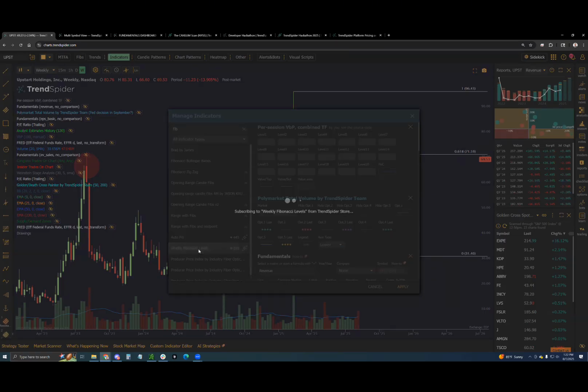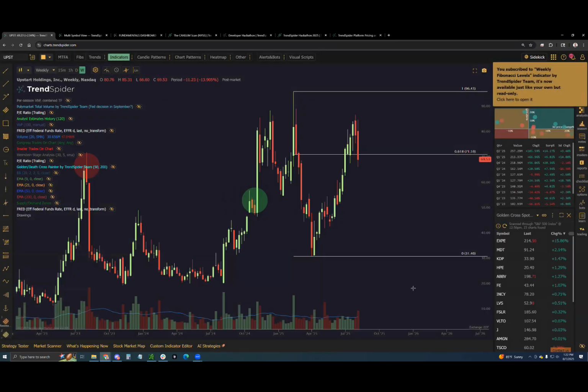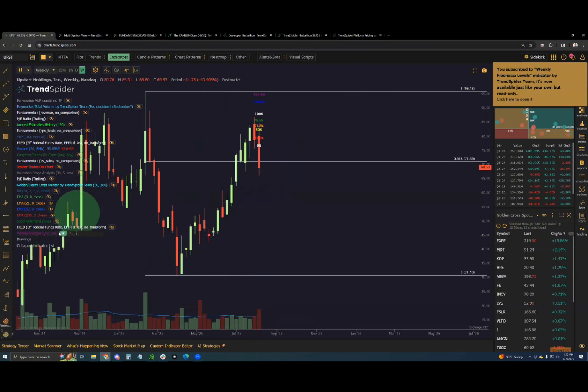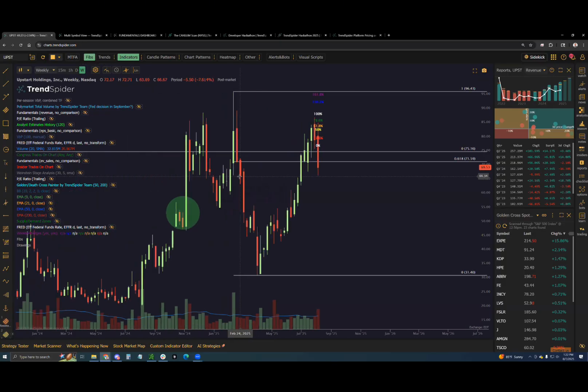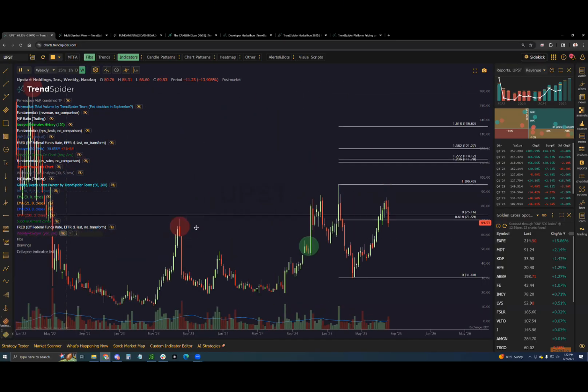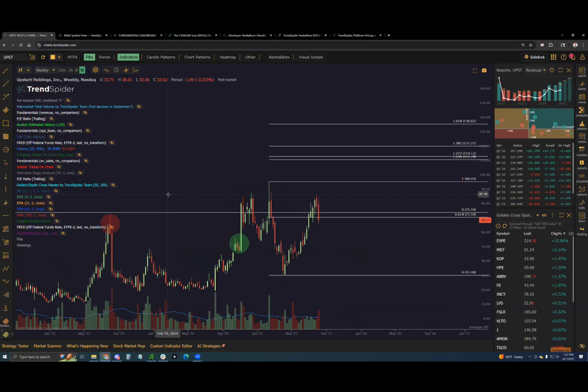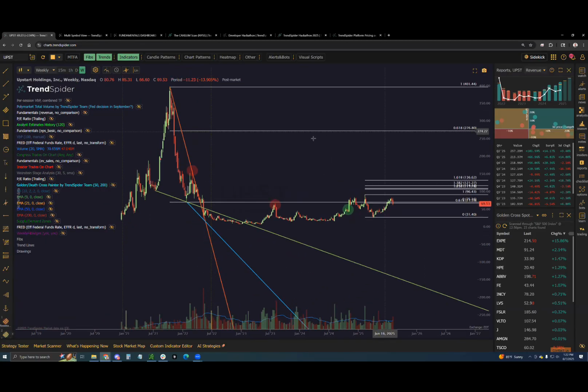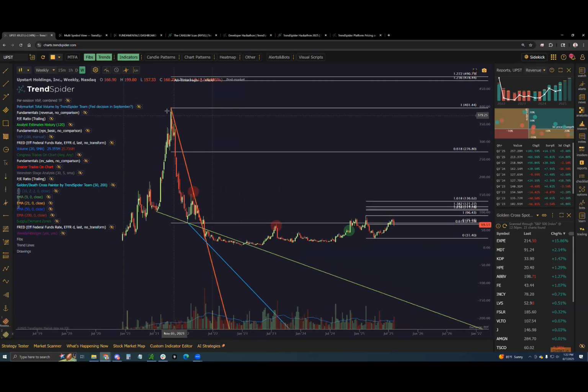Let's go to weekly. So the automated one, weekly there. Hold on, let me try this. So the automated fibs was actually pretty close. Oh, the automated fibs did it from way up here.